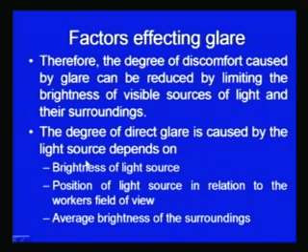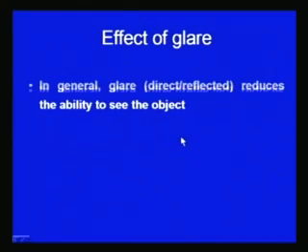If the position of the light source is shifted with respect to the field of view of the worker, then its effect can be reduced. The average brightness of the surroundings also affects the degree of direct glare. So, work is done on all 3 components in order to reduce the degree of direct glare and its effect on the worker.